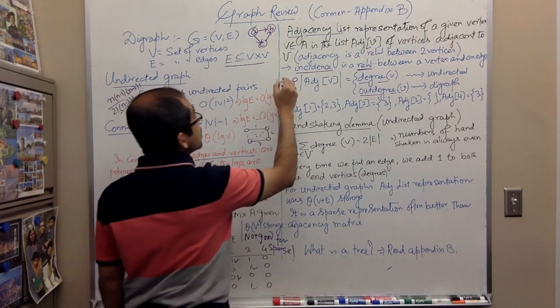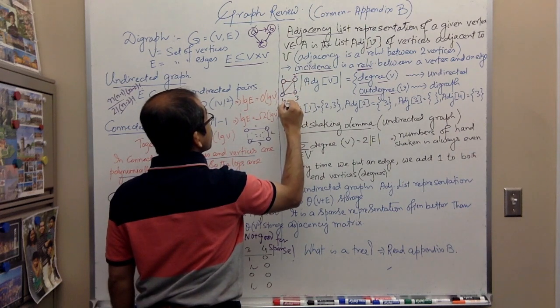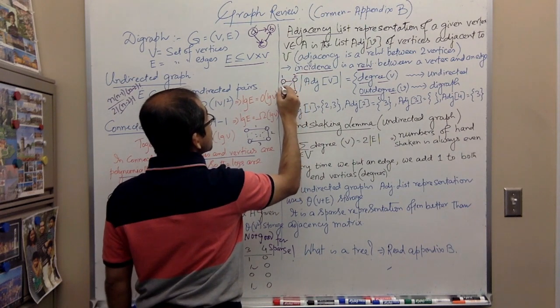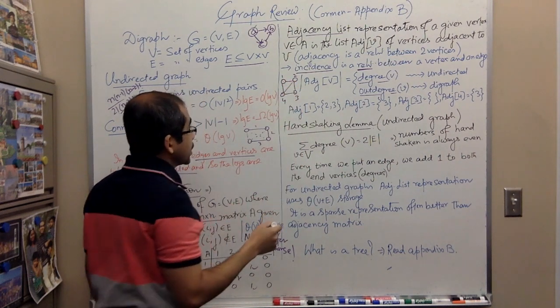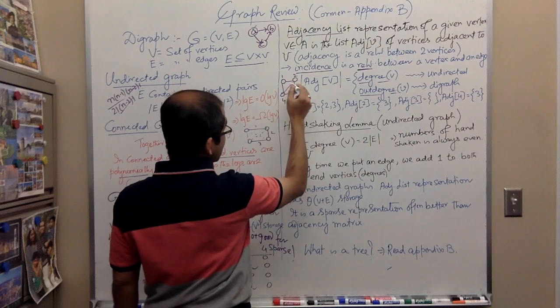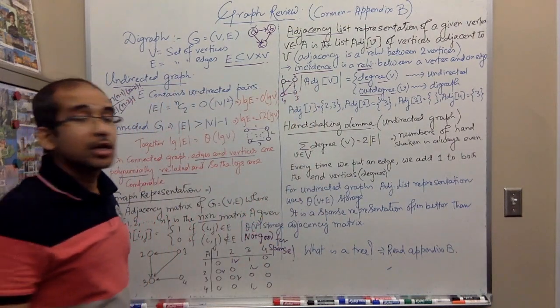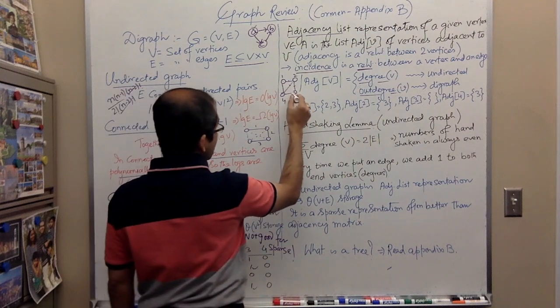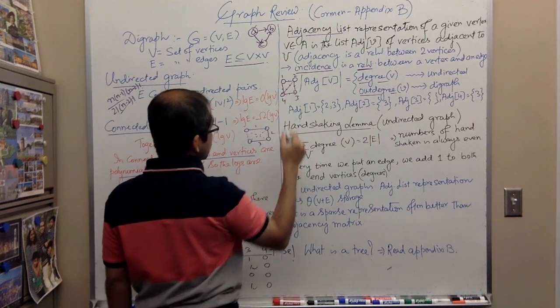The degree of vertex 1 is 2, so there are two edges coming out of it. For 2 the degree is 3, three edges coming out of it. Similarly for 3 the degree is 2, and for 4 the degree is again 3.